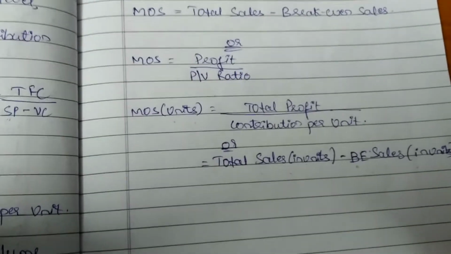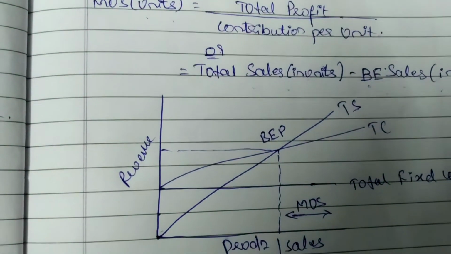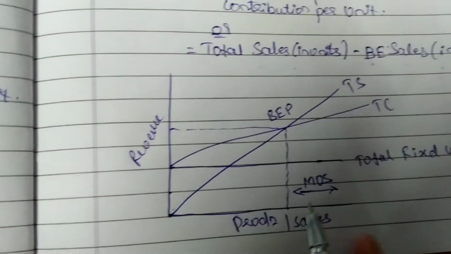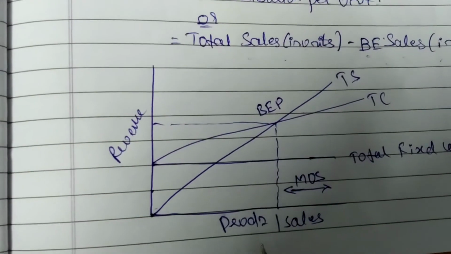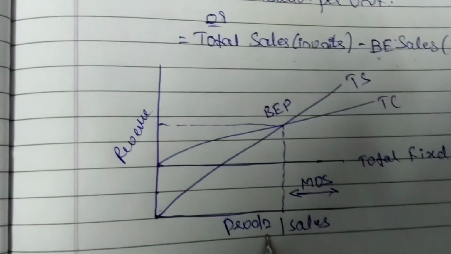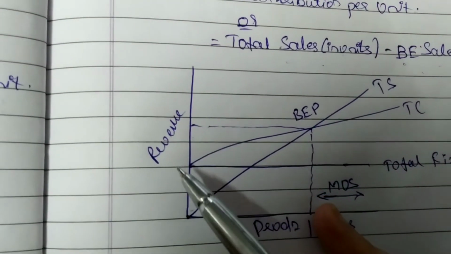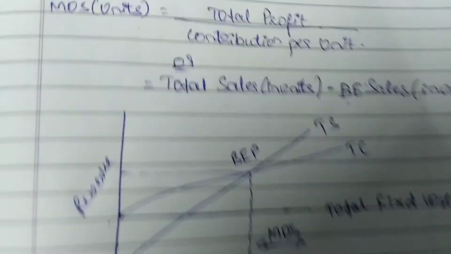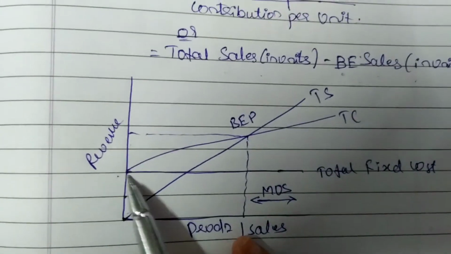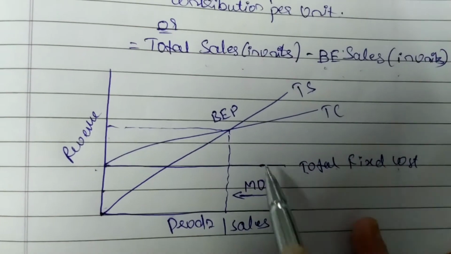I'll show you the diagram. Okay, this is the diagram which I'm showing you. On the x-axis it is sales or production. On the y-axis it is revenue or profit. This is the total fixed cost.